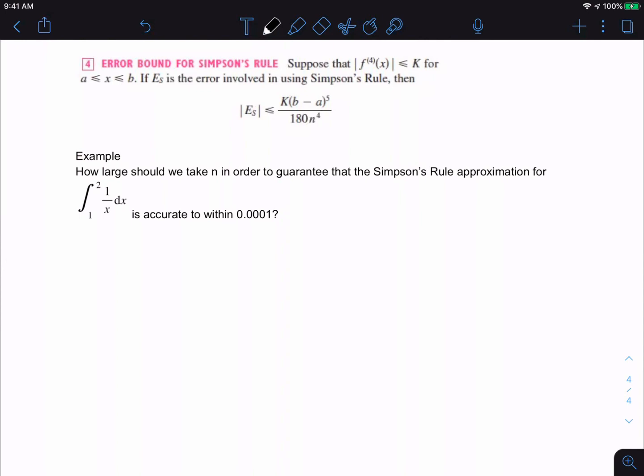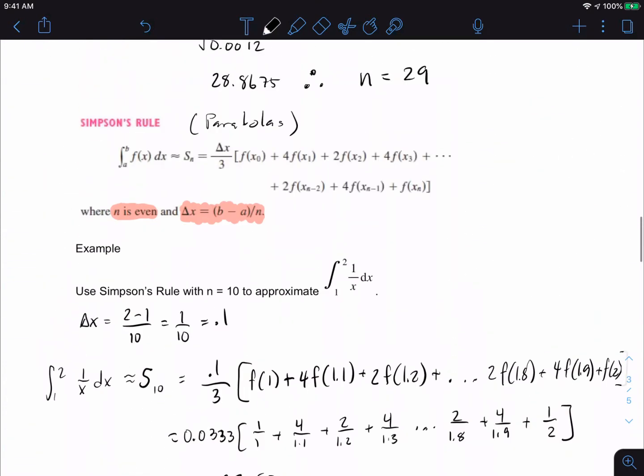So do you remember with trapezoid in the notes, how many n's did I need to have an accuracy of 0.0001? Do you recall? Right, the error.